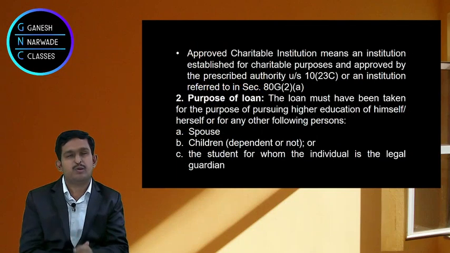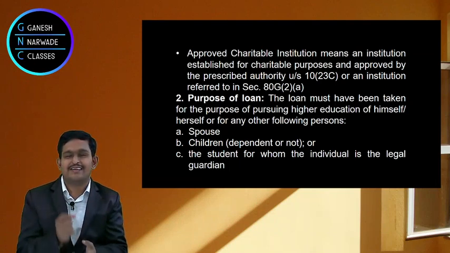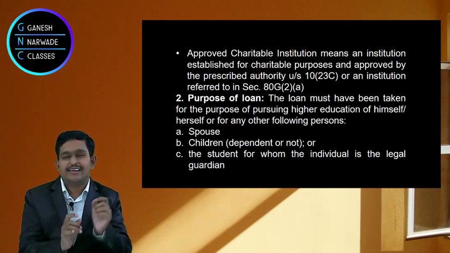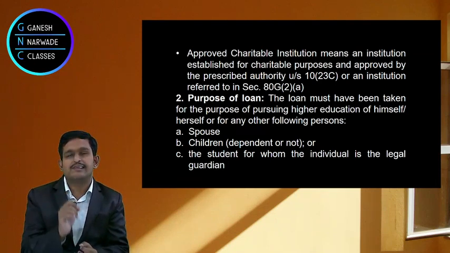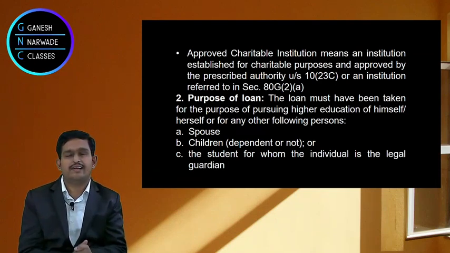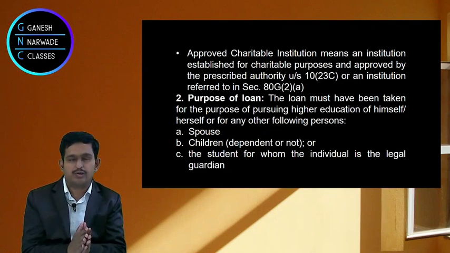Now, what are approved charitable institutions? I don't know, you don't know. Okay, just joking, right? But still, section 10(23C) gives the list of institutions which are approved. Actually 10(23C) is about education only.